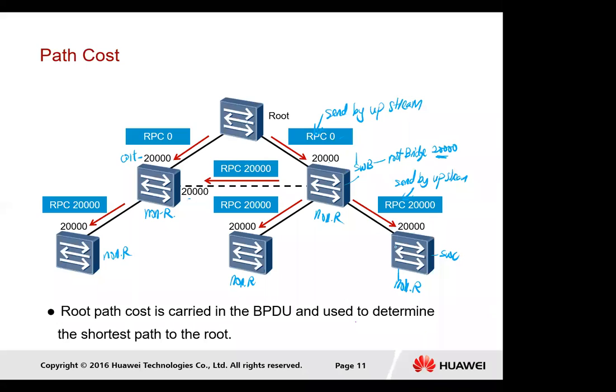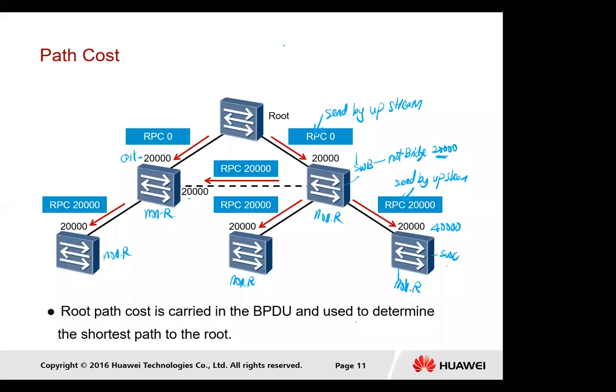So for switch C going to the root bridge, in total it will be 40,000. You need to add the path between B and the root, as well as C to B. Added together, it is 40,000.